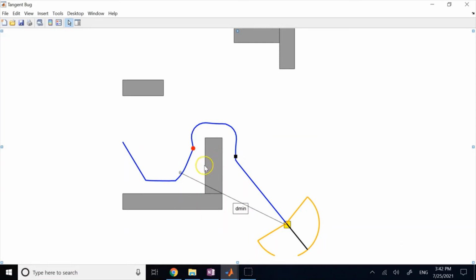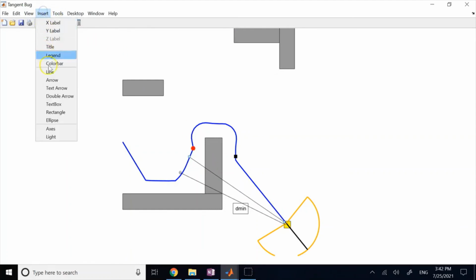But as you move to the next point, next point, next point, and so on, look, these are the distances.